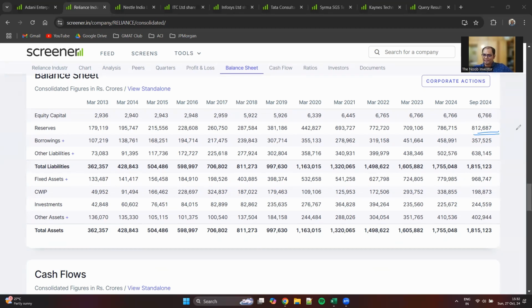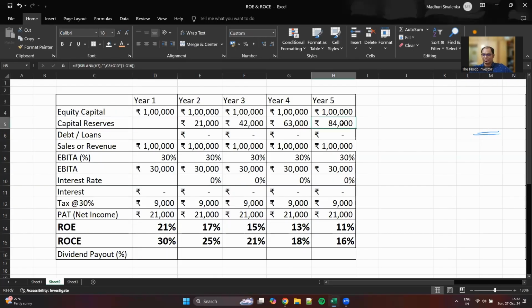So it is this heavy cash component in the business which is reducing the ratios, similar to what we saw here. So much cash is lying there, that's why my ratios are low. Right? Now we will come to the other example where we have dividends.